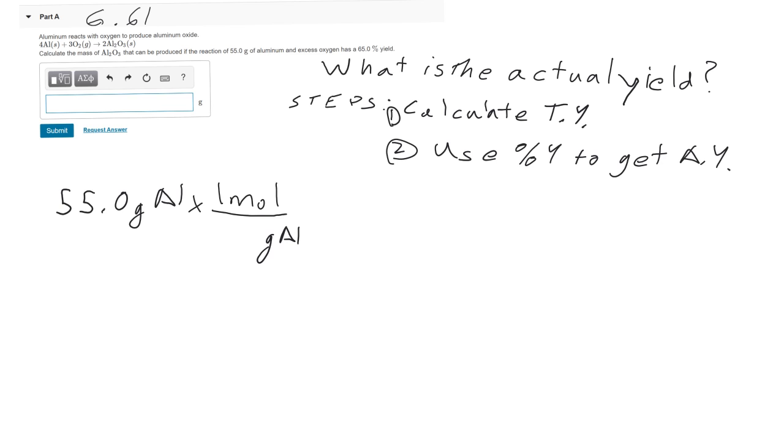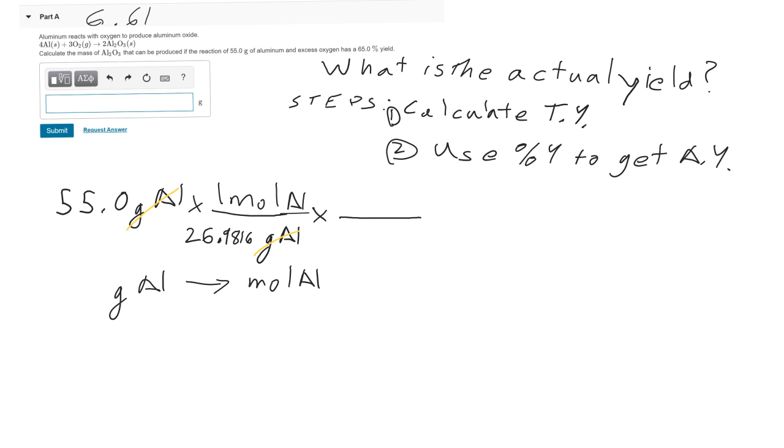So we're going to go to our periodic table and discover that we have 26.9816 grams of aluminum per 1 mole of aluminum. So we've gone from grams of aluminum to moles of aluminum. Cross out our grams.